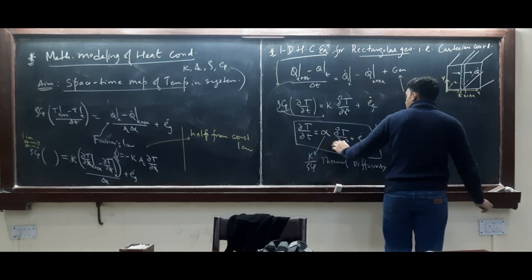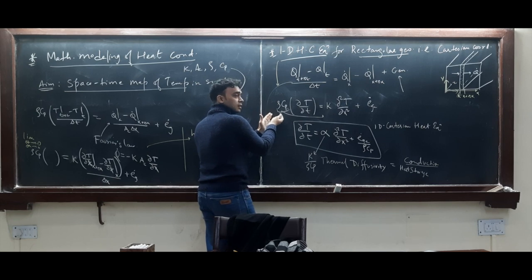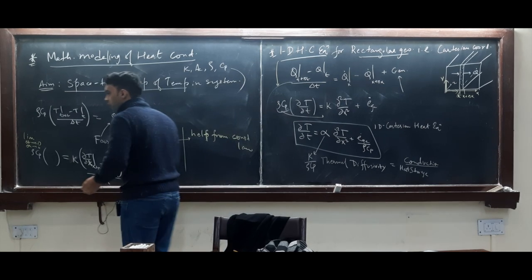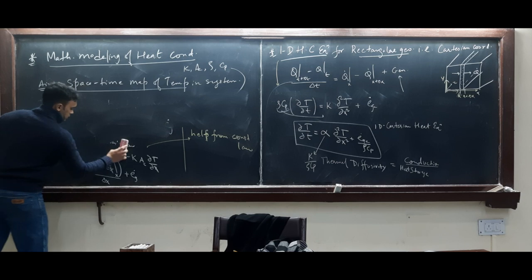if your alpha is really high, you can also write this equation by taking this K to the other side. I can write this equation as 1 by alpha. So let's understand this thermal diffusivity concept.